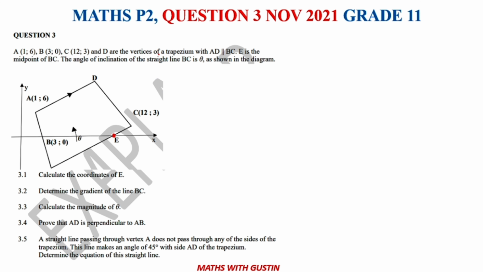Great stuff. So now let's look at question 3.1. It says calculate the coordinates of E. They already told us that E is the midpoint, so we are going to use the midpoint formula here, divided by 2. Some of my learners prefer to use letters here, but it really doesn't matter.